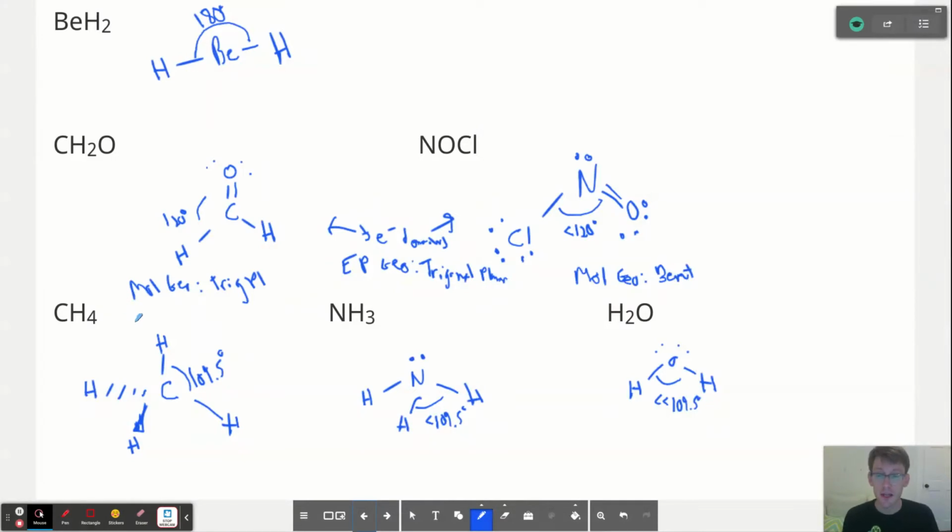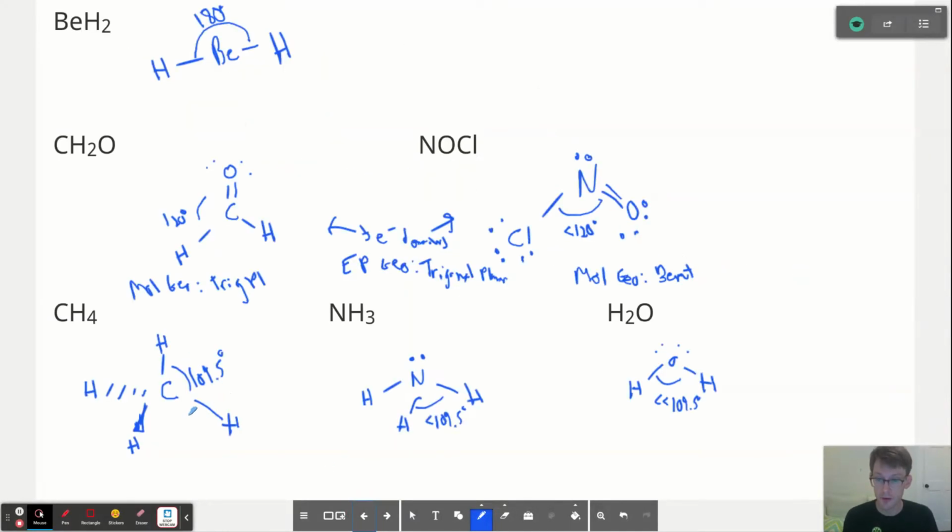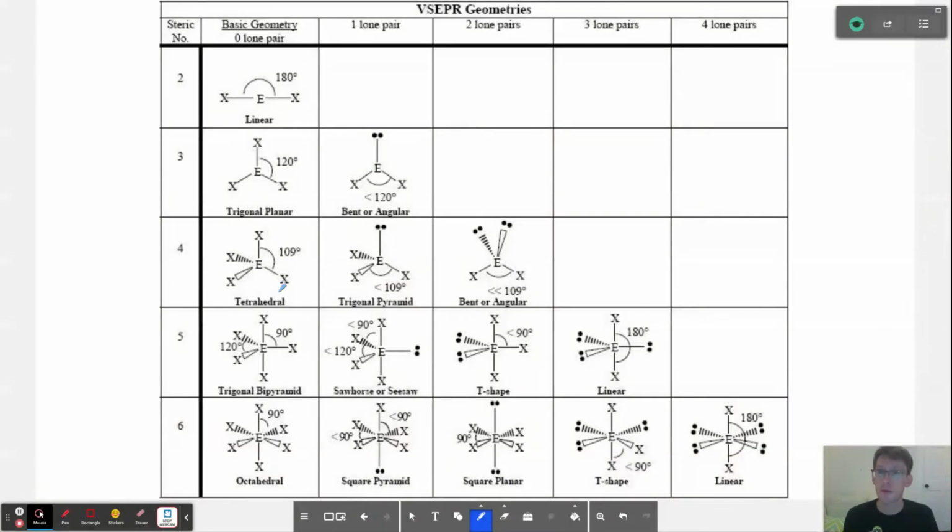Now, in the case of CH4, NH3, and H2O, well, for all 3 of these, they all have 4 electron domains. In the case of CH4, there's 4 bonding atoms. In the case of NH3, there's 3 bonding atoms and a lone pair. In the case of H2O, there's 2 bonding atoms and 2 lone pairs. But the steric number is 4. Now, if we look here, if we have a steric number of 4, the basic geometry is tetrahedral.